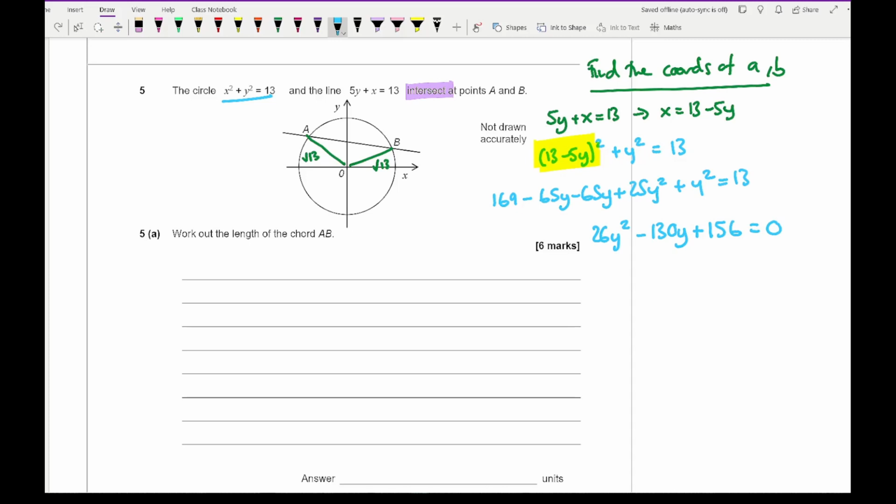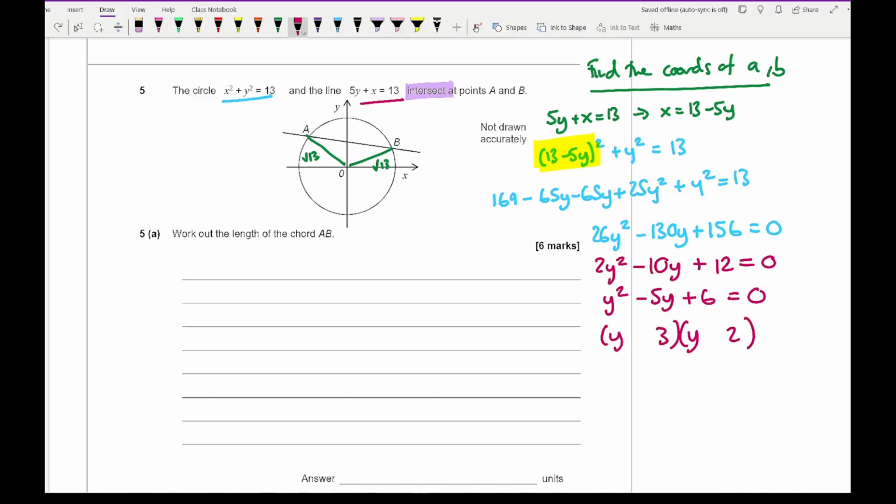Now obviously I can divide everything by 2, so I've got 13y squared minus... let's just double check, yeah, I could divide everything by 13, in which case I get 2y squared minus 10y plus 12 equals 0, and again I can simplify that further, so I've got y squared minus 5y plus 6 equals 0, which I can then factorize to give me y minus 3 and y minus 2, so y equals 3 and y equals 2.